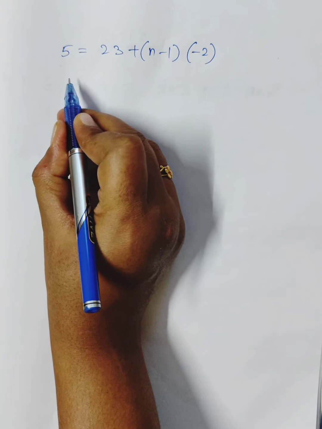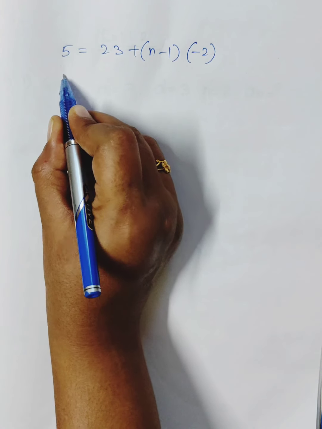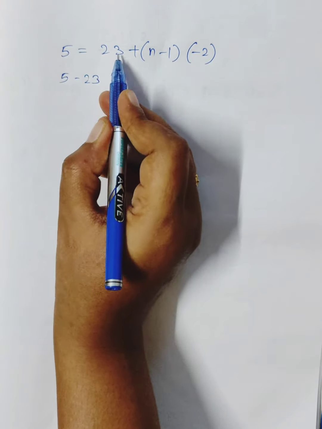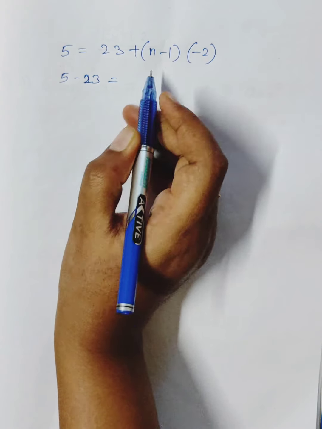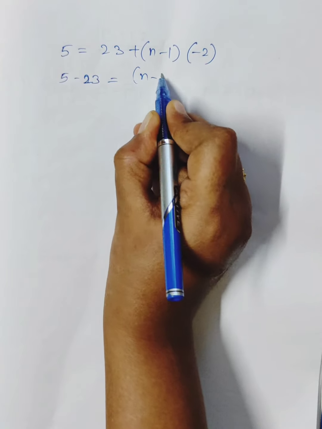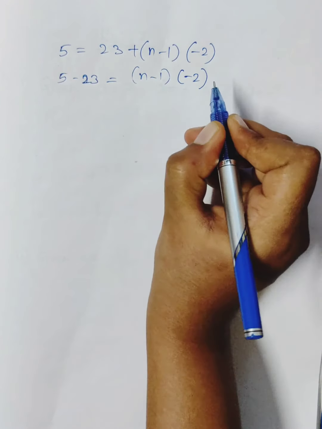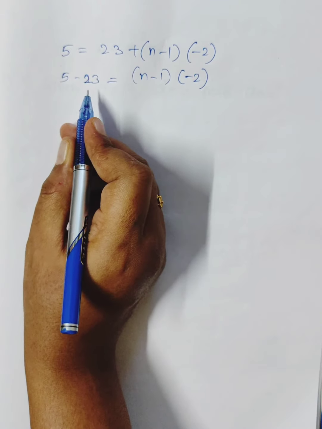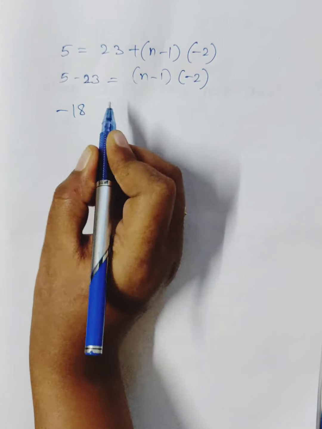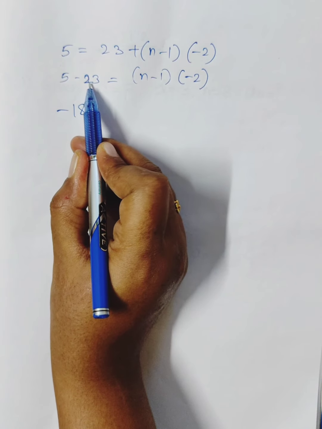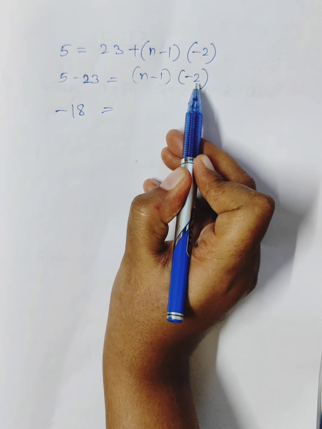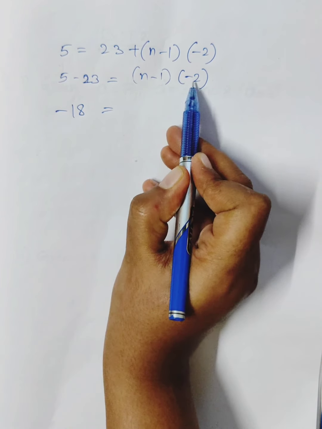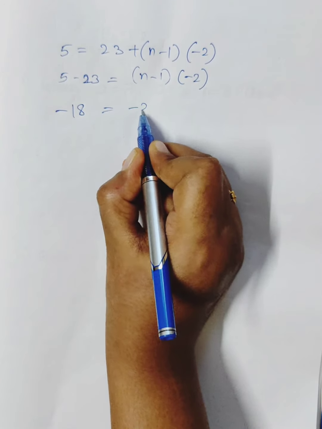So how are we going to solve this now? I am shifting this 23 here. So 5 minus 23 is equal to n minus 1 into minus 2. 5 minus 23 is minus 18, because 23 is greater, so the sign is negative. Multiply the minus 2 into the bracket. Minus 2 into n is minus 2n.